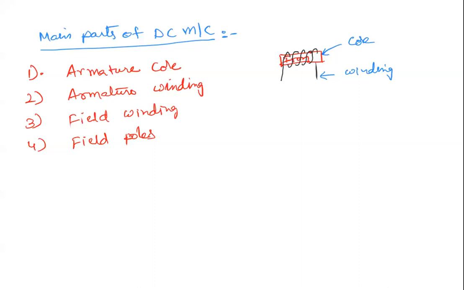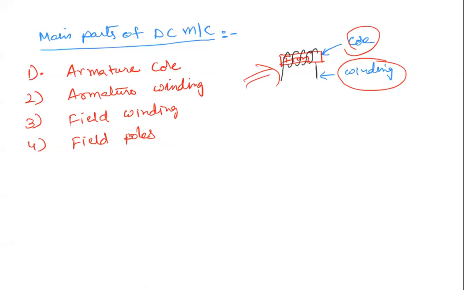So winding is similar, pole is similar, right? Here, just to describe what is core and what is winding, I have drawn this figure to make sure you understand the difference between core and winding. Okay, but every core is not like this.